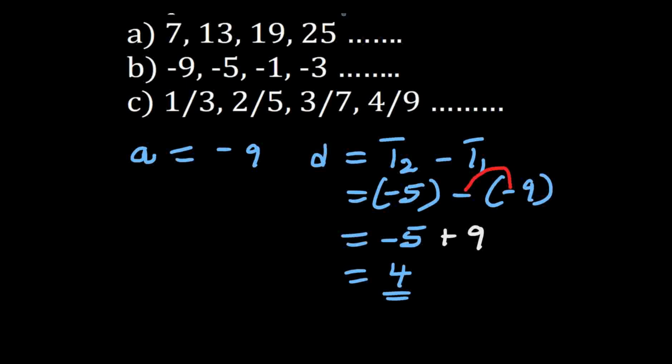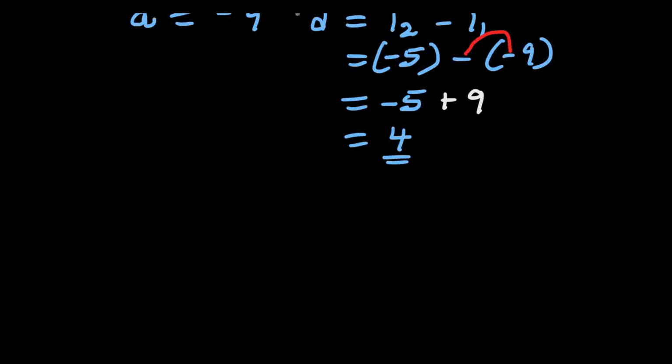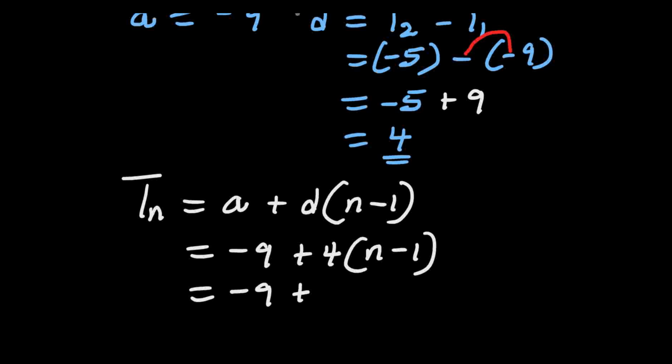Now that we have found the first term and the common difference, all we have to do is write down the general rule, which is the nth term, Tn, is equal to a plus the common difference times n minus 1. So just plug in the values. The first term is negative 9 plus 4 times n minus 1. So this will be equal to negative 9 plus 4n, and 4 times negative 1 is negative 4.